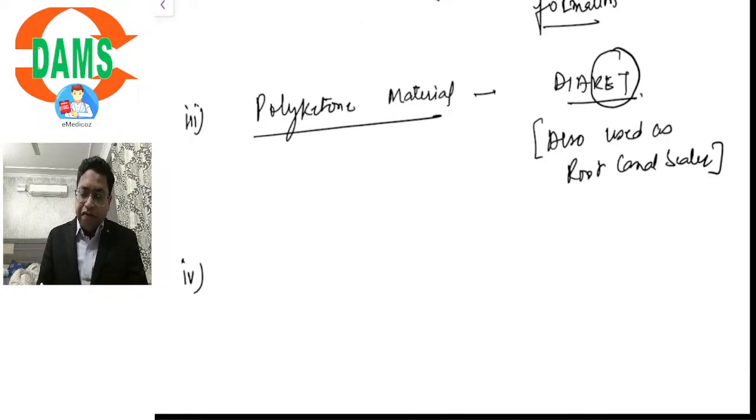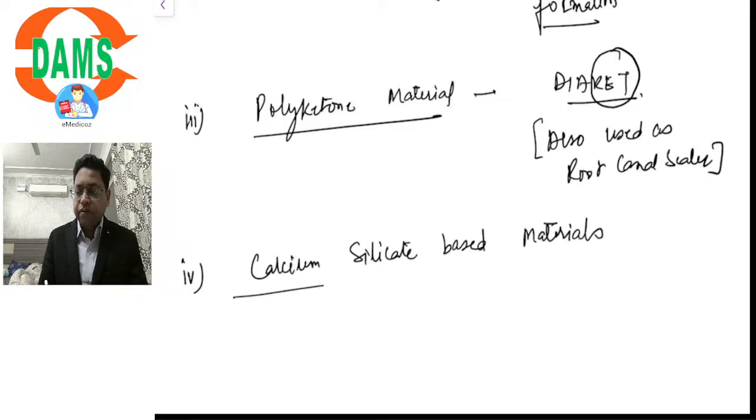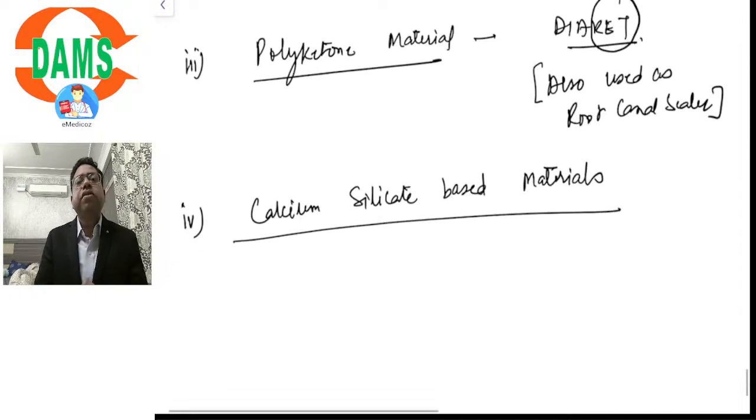Then we have calcium silicate based materials. They are the most suitable type of materials to be used as root end filling. And the most conspicuous example of these materials is MTA, that is mineral trioxide aggregate.